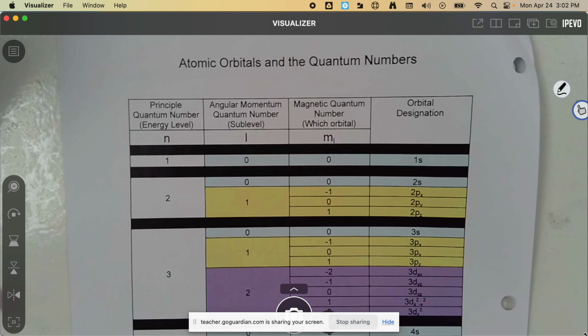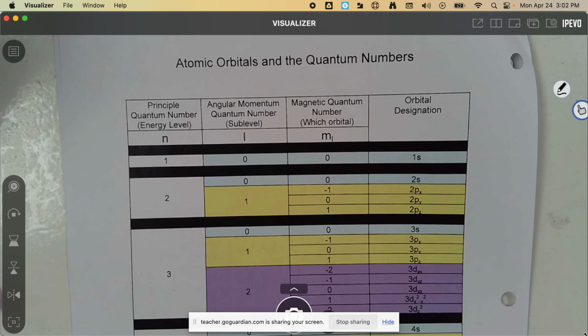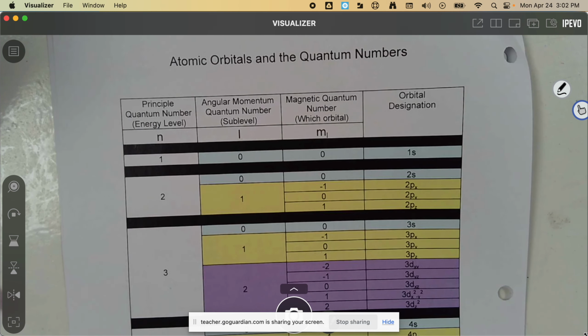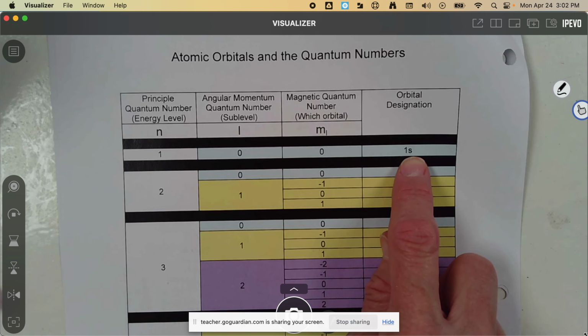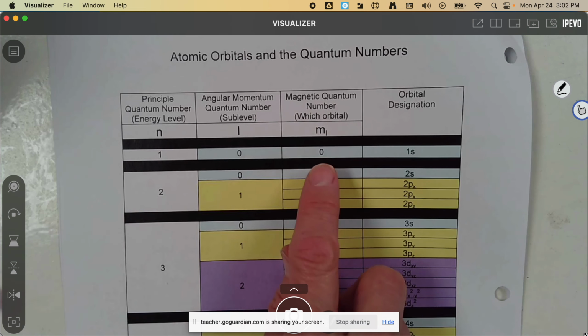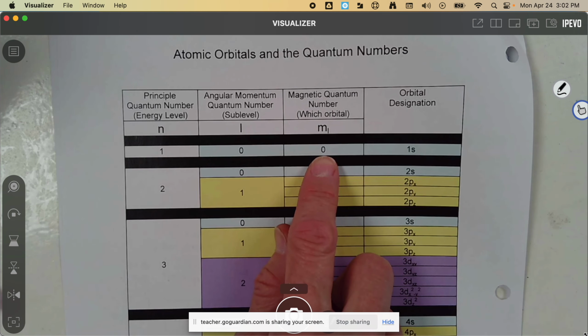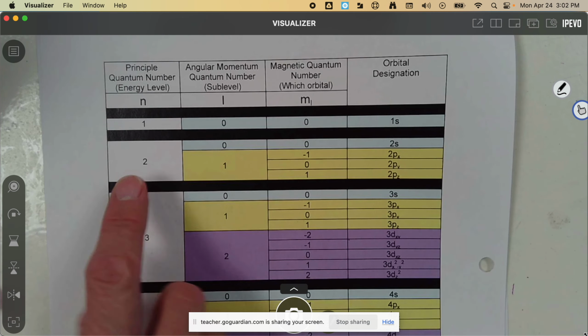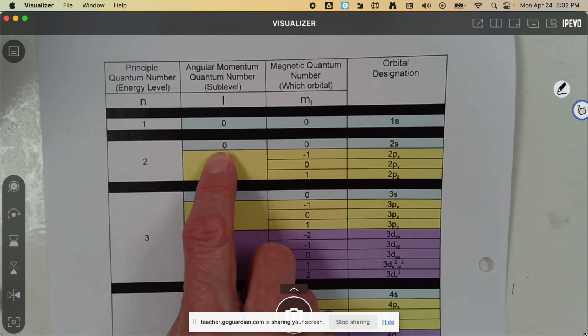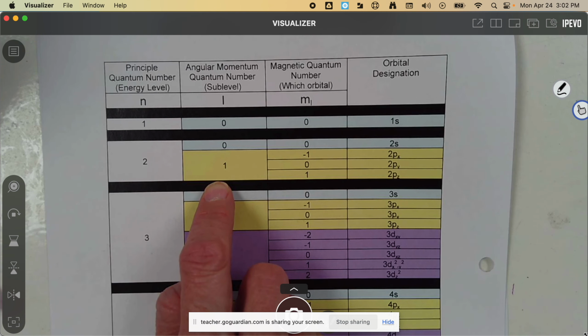I created this. I call it Dorner's colorful grid of quantum numbers because I think it makes the most sense this way. The first energy level consists of only an s sublevel. That s sublevel is 1, 0, 0. That's its code. The second energy level can have an L value of 0 or an L value of 1.